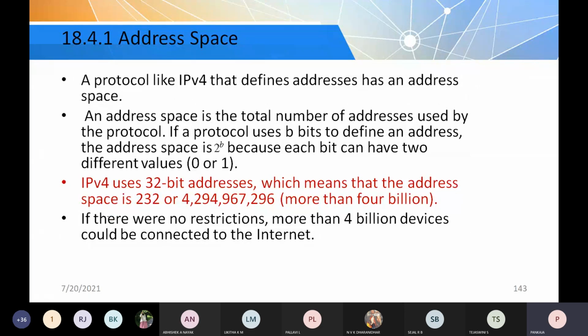We'll discuss, if it is a 32-bit address, how many possible addresses it can generate. A protocol like IPv4 defines addresses as an address space. You should remember address space: it means how many possible addresses it can generate.